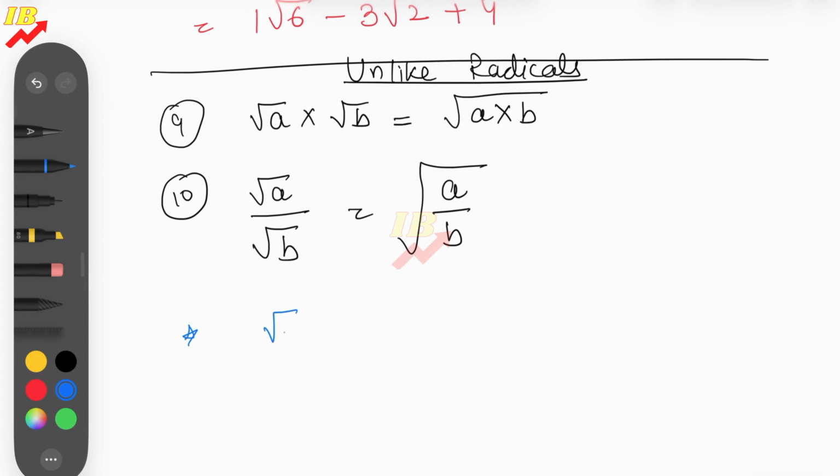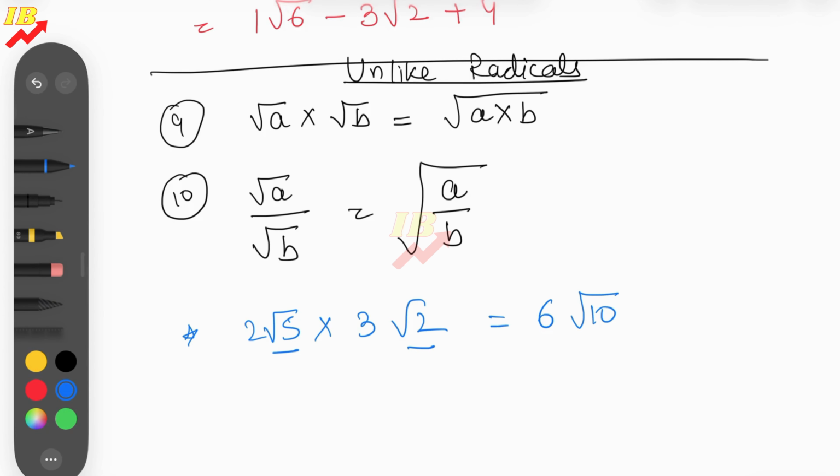If I write 2 root 5 times 3 root 2. See, earlier we did the questions which are looking the same, but here the like radicals are not there. These are unlike ones. I can see root 5 and root 2 here, right? So these are different. So 2 times 3 is going to give you a 6, and root 5 times root 2 is giving you a root 10.